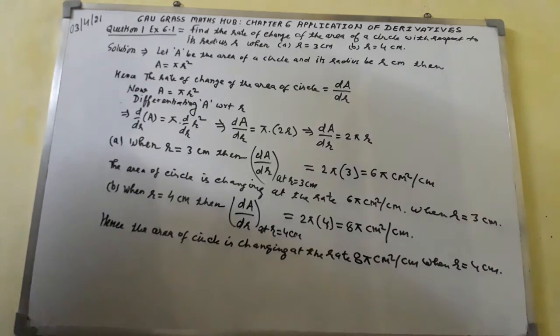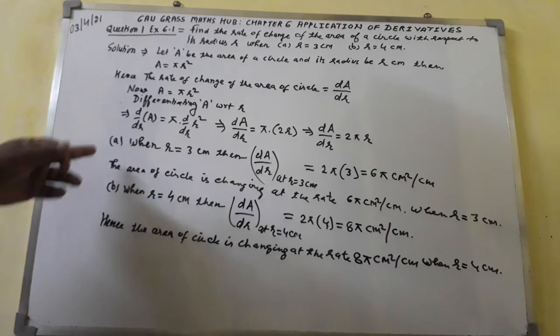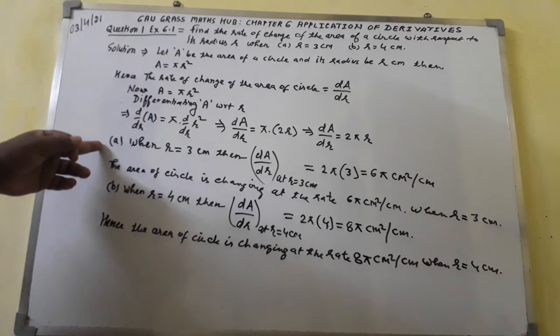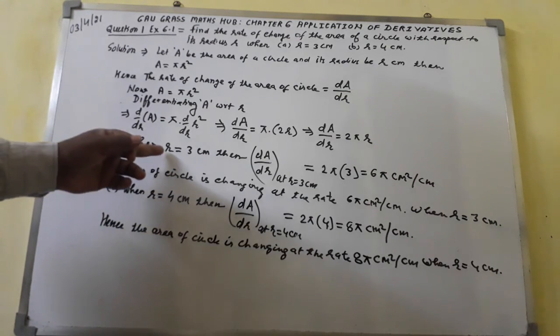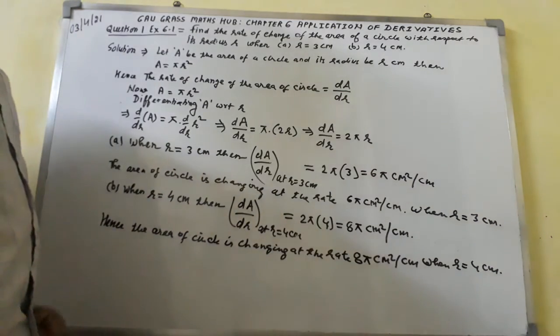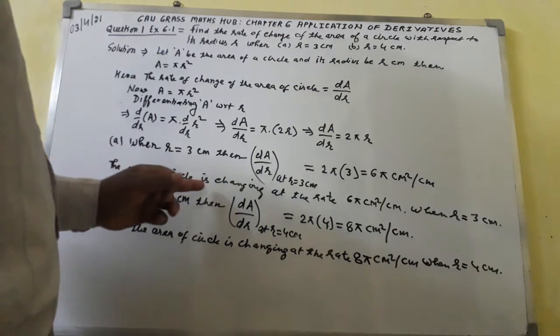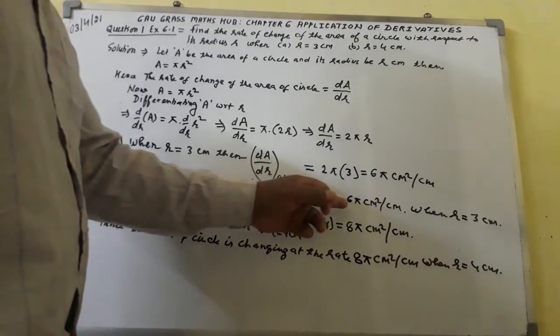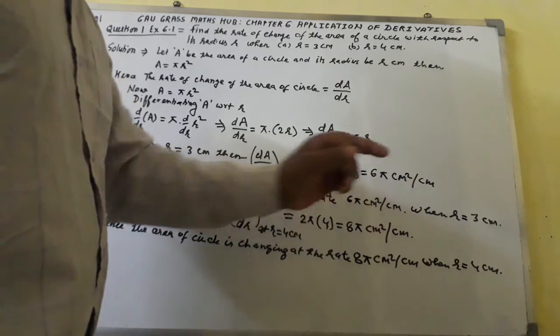This is the proper explanation and solution of question number 1, exercise 6.1, taken from chapter 6, application of derivative, in which the answer of part A: when radius equal to 3 centimeter, the area of circle will be changing at the rate 6 pi centimeter square per centimeter.